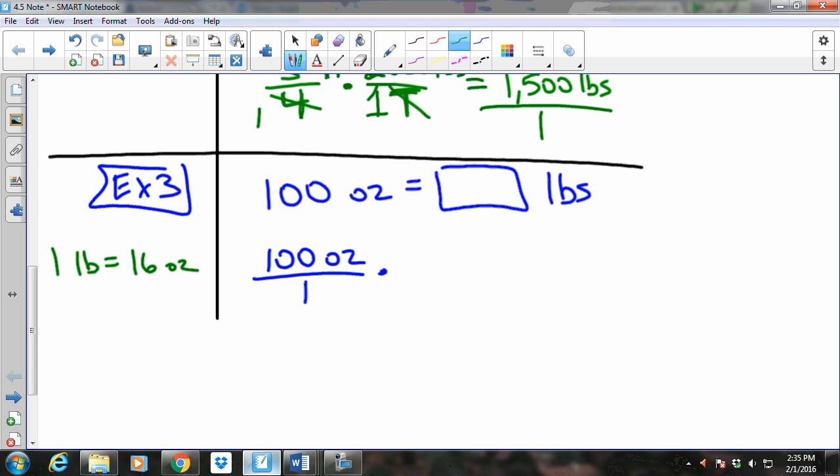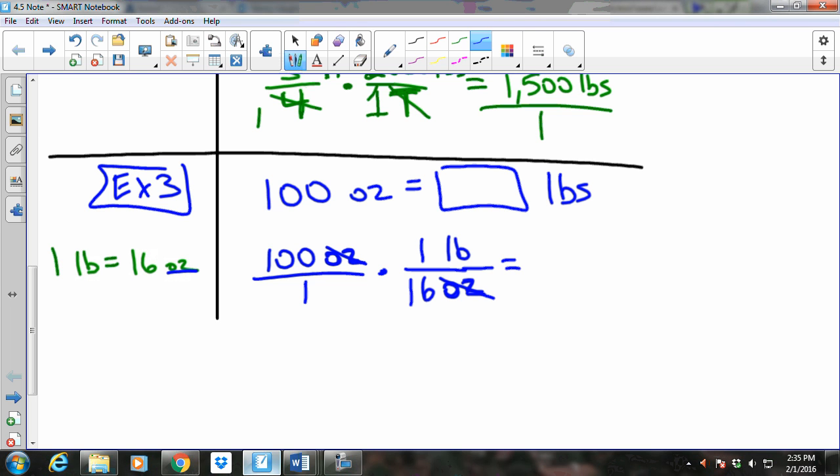Just have that information. So set up our multiplication problem where we can cross divide or divide out the ounces because there's ounces here. We want this on the bottom over here so we can divide them out. How many ounces? 16 to 1 pound. Okay, so then we work the multiplication problem, dividing out those ounces. 16 and 100. We can, let's see, oh, 4 goes into both of them. I had it as 2 before.